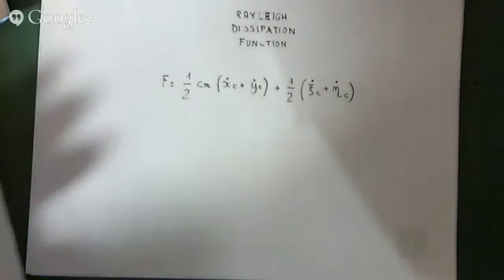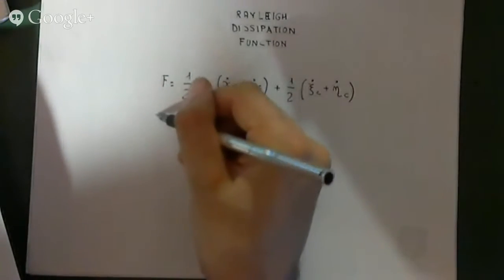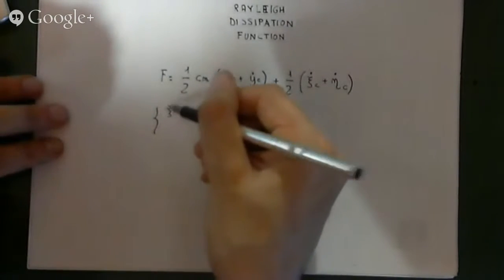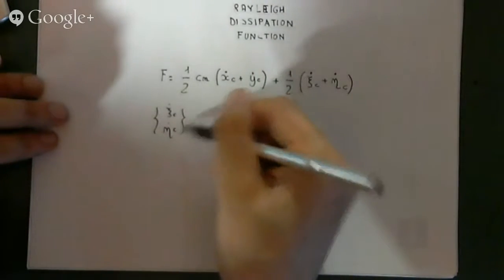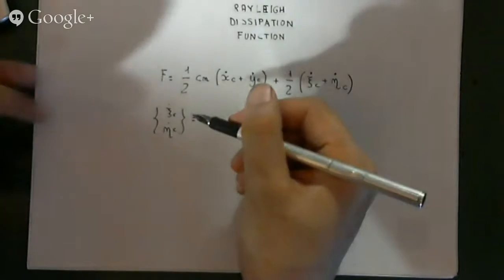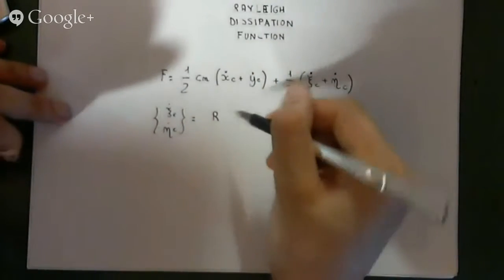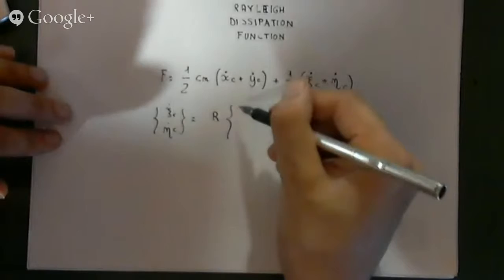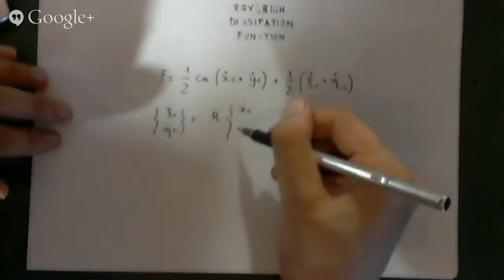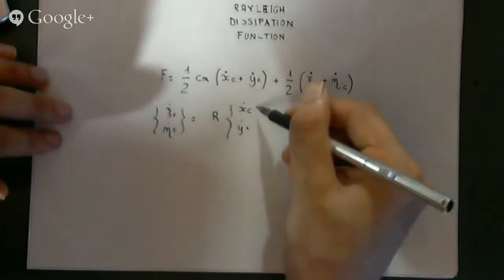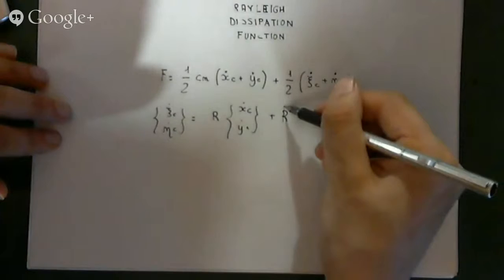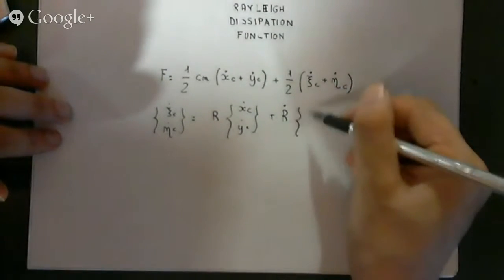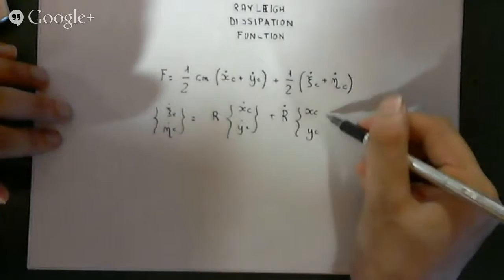Reminding that xi point C and eta point C are the R rotational matrix times x point C, y point C, plus R point times xC, yC.